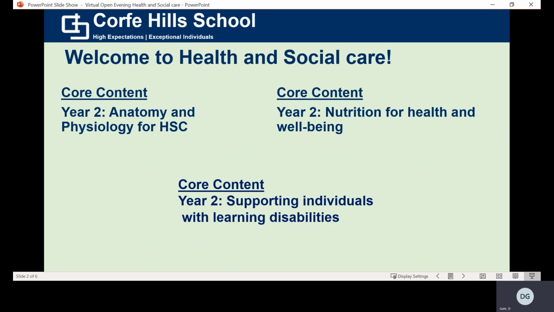This unit looks at a range of different children's disabilities, learning disabilities, such as autism, a child who may have Down syndrome. And we learn about the types and causes of learning disabilities, and we look at the differences between learning disabilities and specific learning difficulties.